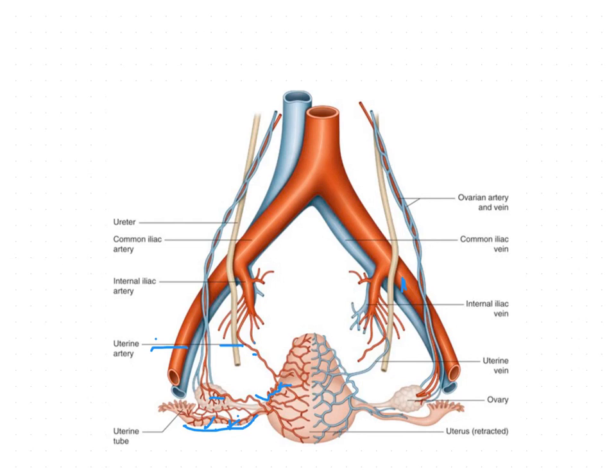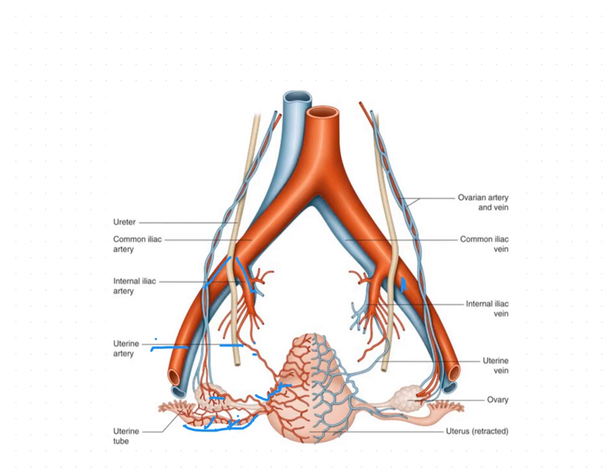On each side it passes downwards and laterally and ends in front of the sacroiliac joint at the level of the lumbosacral intervertebral disc by dividing into external and internal iliac vessels.